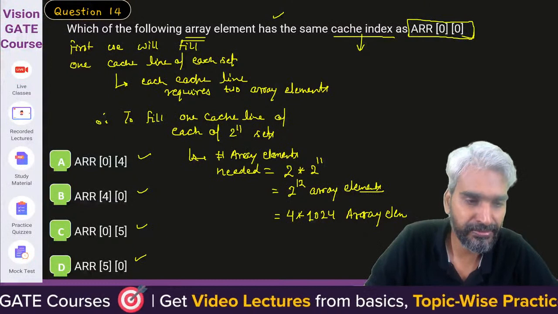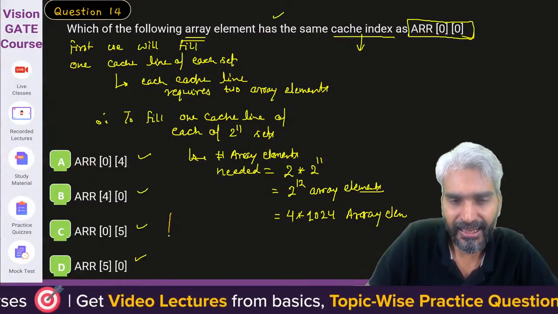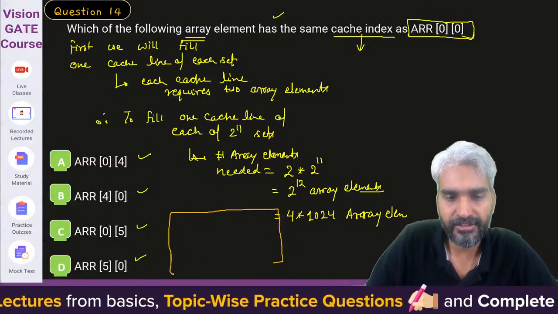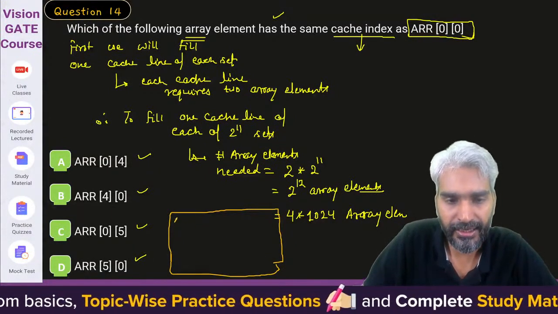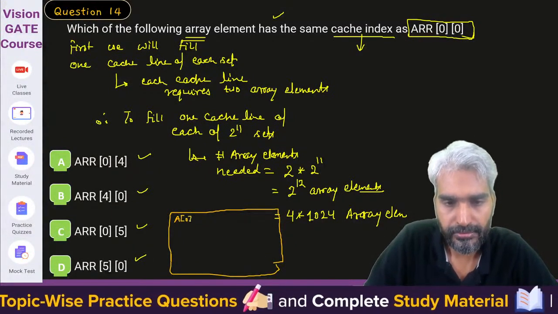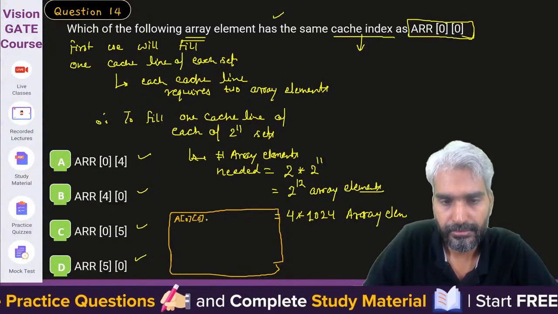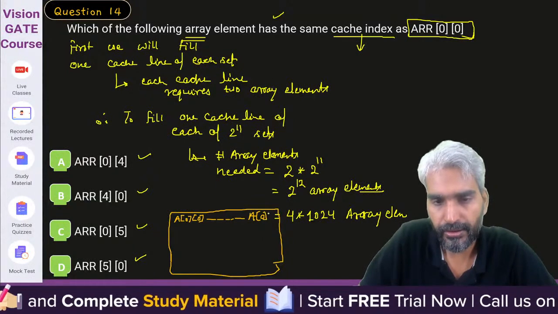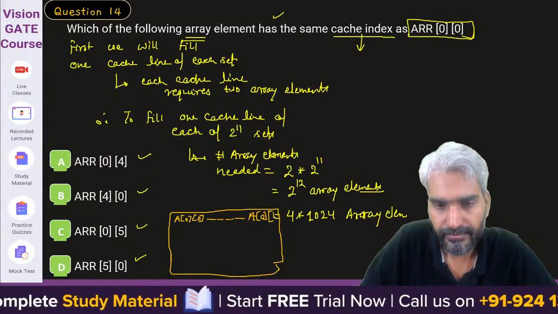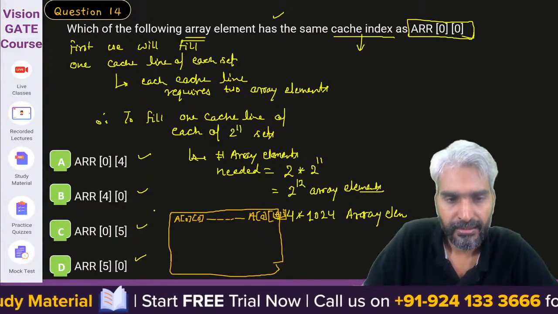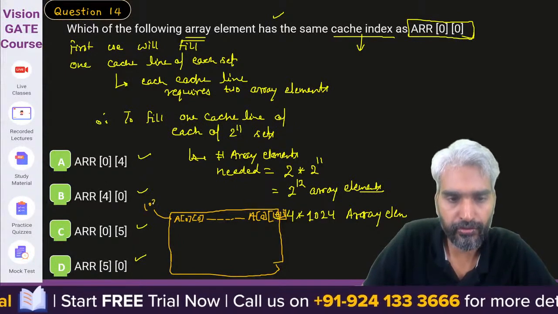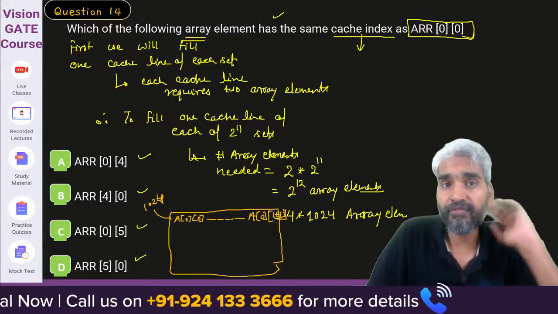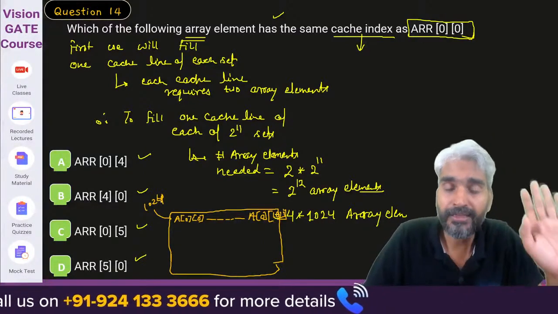Sir, what is the array in row major order? What is the structure of the array? We will have A00 to A0 1023. These are the 1024 elements. So in one row of the array, there will be 1024 elements.